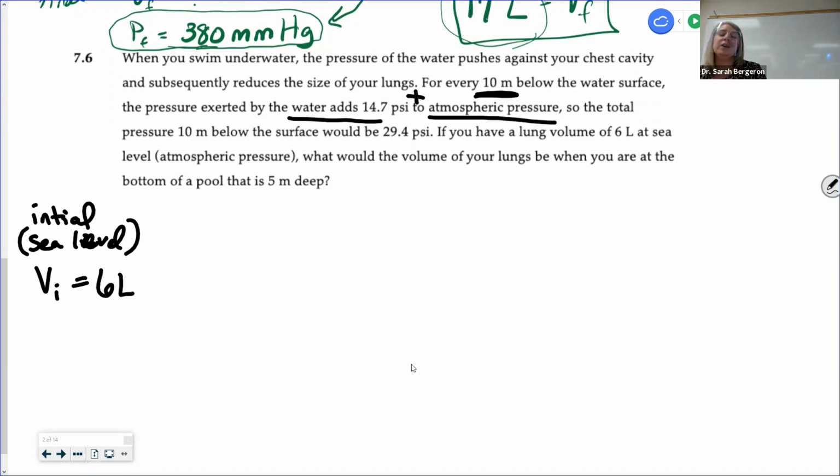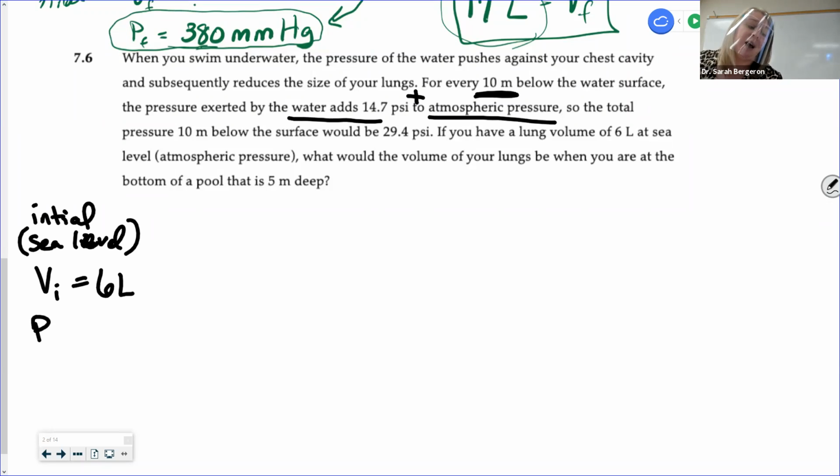Do we have another initial condition? You're at sea level. What's something we just talked about a minute ago about sea level? Sea level is equal to 1 ATM.